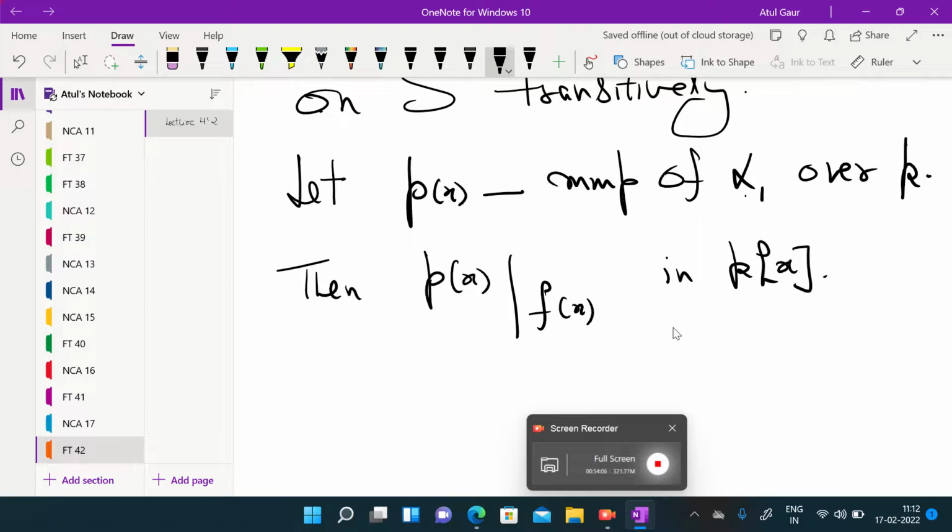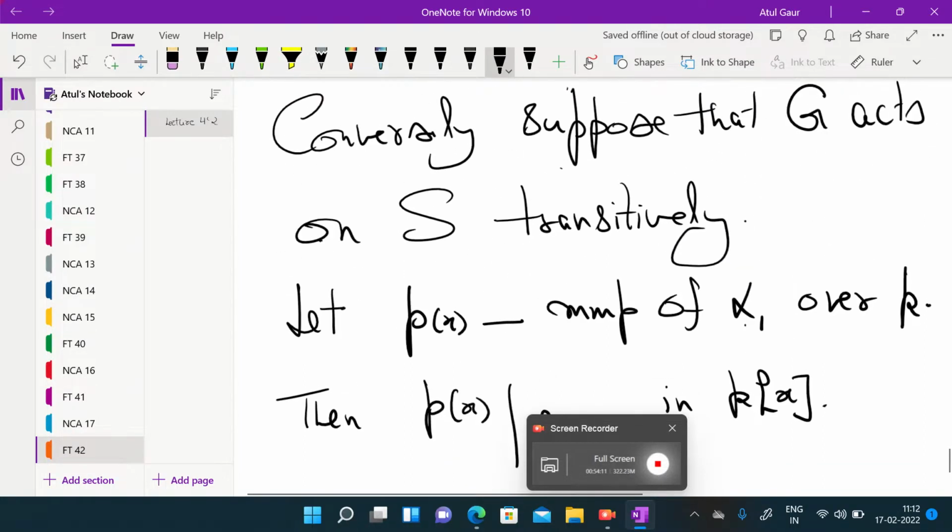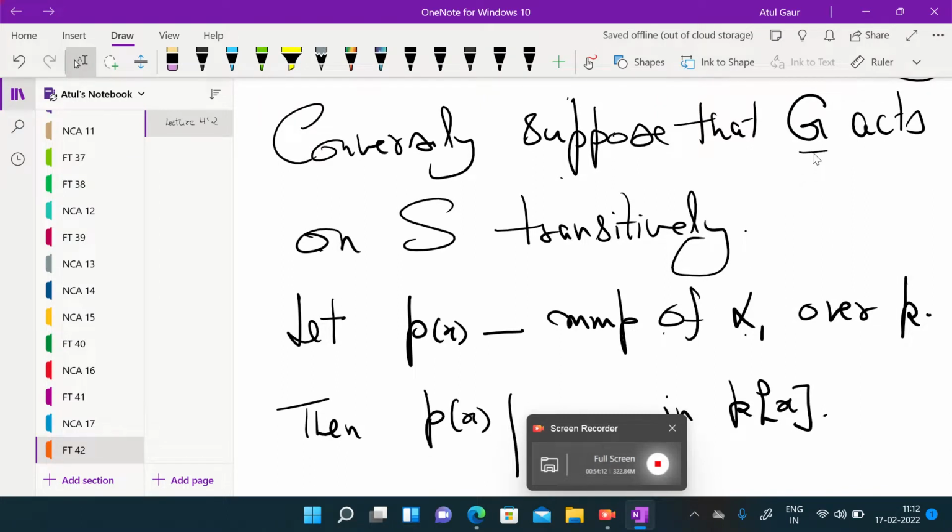All right. So what is happening? Because you said that the action is transitive, G acts on S transitively. That means for any alpha_i in S, there is an automorphism in G which will map alpha_1 to alpha_i, right?